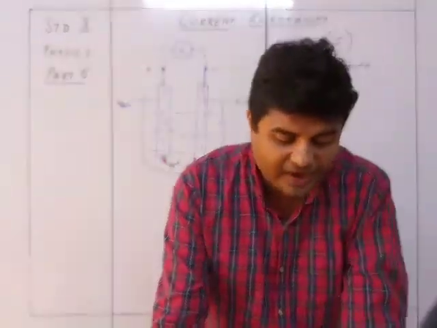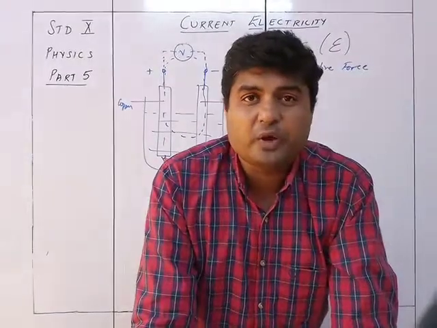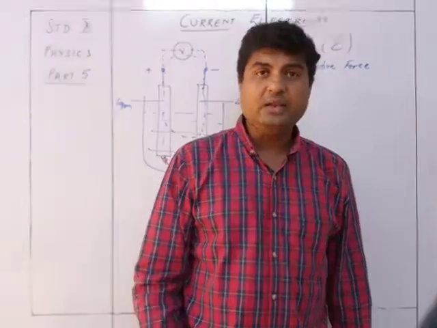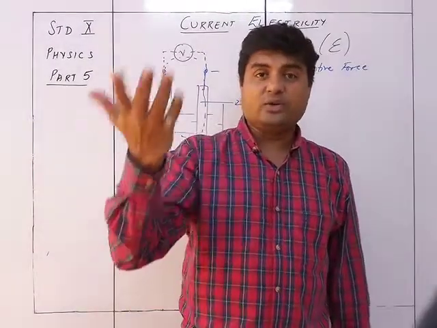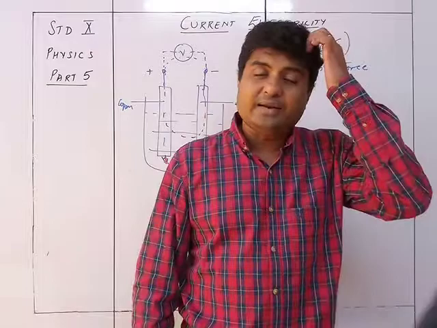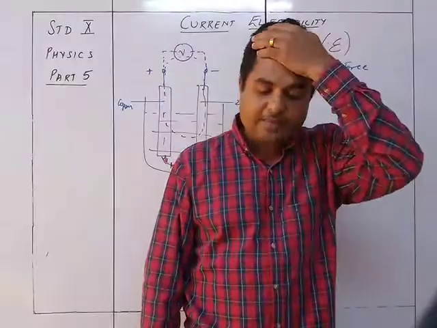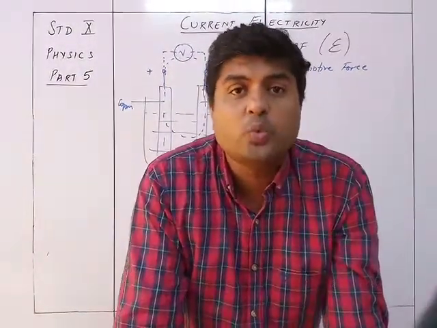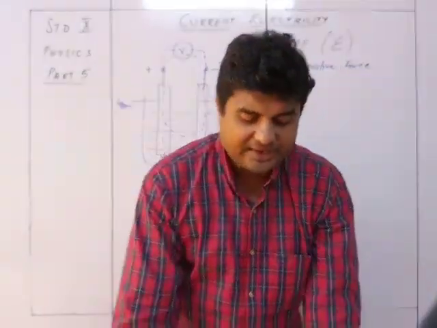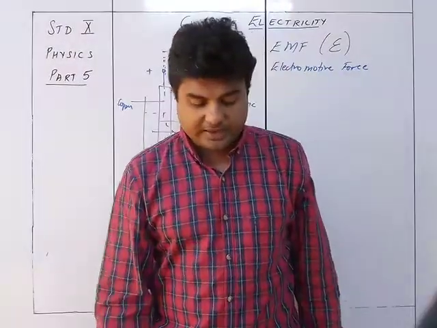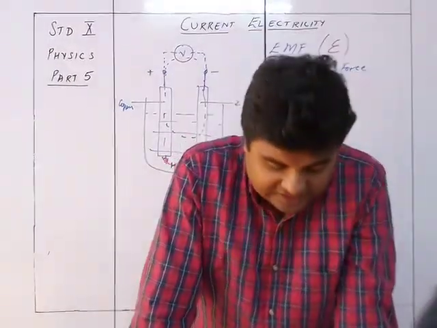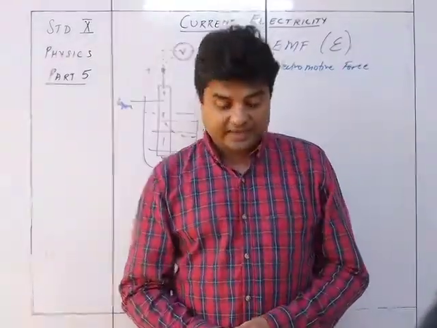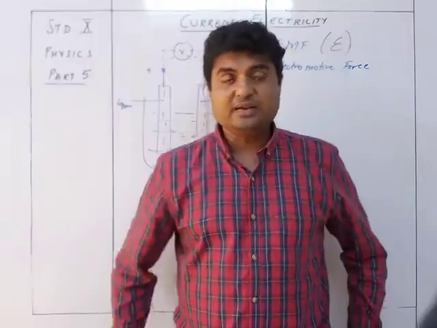A unit test positive charge is made to go around the circuit of the cell, inside the cell as well as outside the cell, and the complete work done is said to be the electromotive force. So the EMF of the cell is defined as the energy spent or the work done per unit charge in taking a positive charge around the complete circuit of the cell, that is, the circuit outside the cell as well as the electrolyte inside the cell.